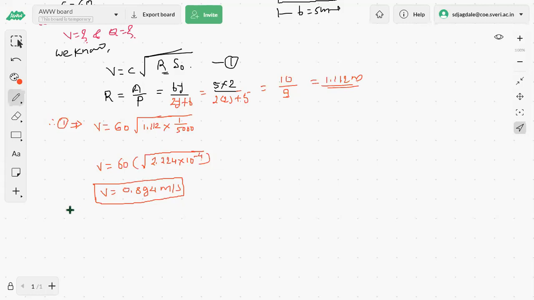Now how to get the discharge? How will you find the discharge Q? What relation are you going to use here for finding the discharge?